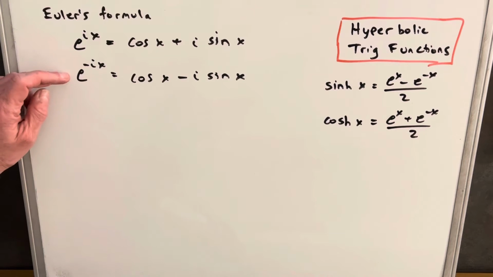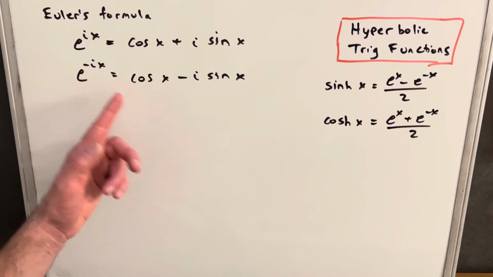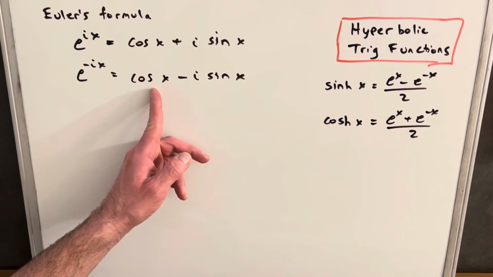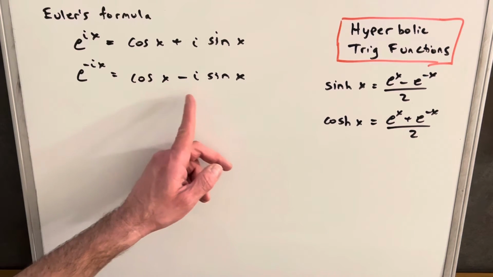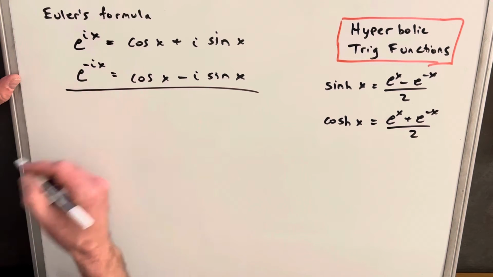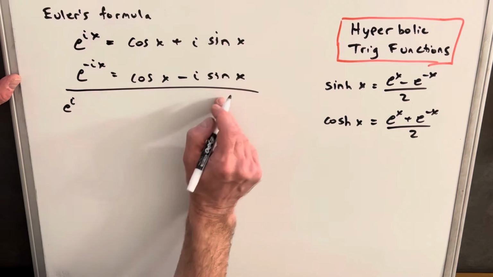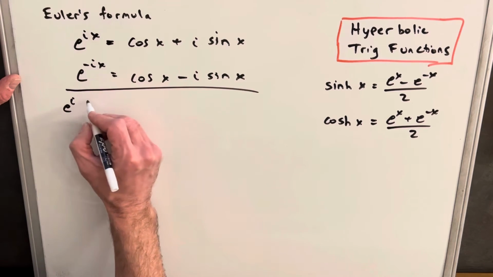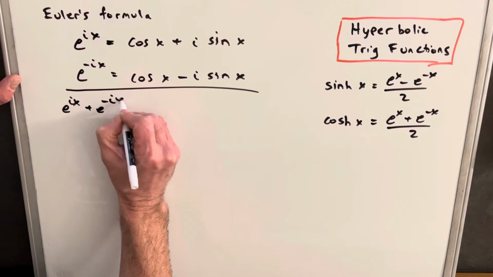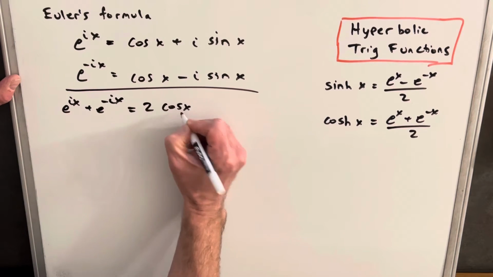And then the second formula is, if you plug in the input negative x into here, with a little simplification, since sine is odd and cosine is even, you get cosine x minus i sine x. And then what I'm going to do with these two equations is add them together, and we'll see our sine terms cancel, and we'll have e to the ix plus e to the minus ix equals 2 cosine x.